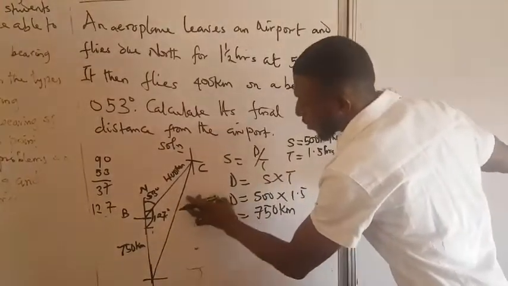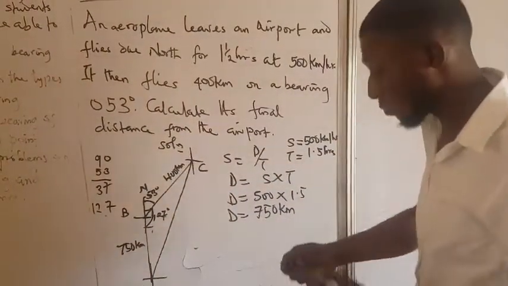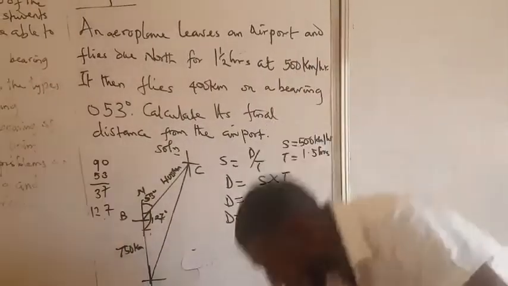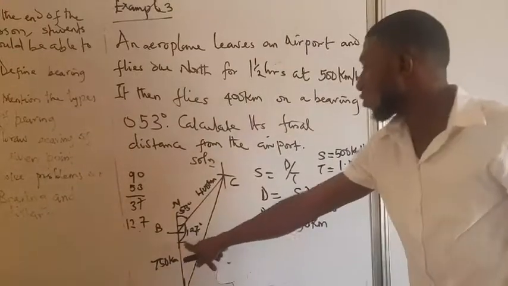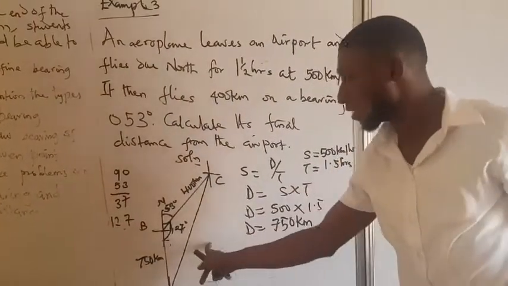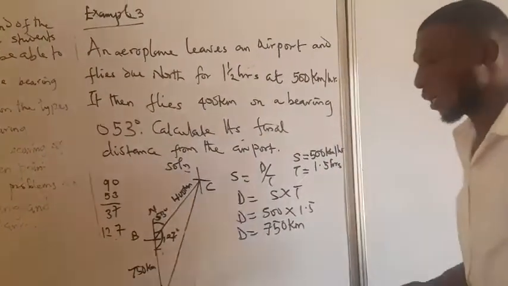If the total angle here is 127 degrees and we are looking for this side, remember from your previous knowledge of trigonometry, where we have two sides and the angle directly opposite the side we are looking for, we use the cosine rule.